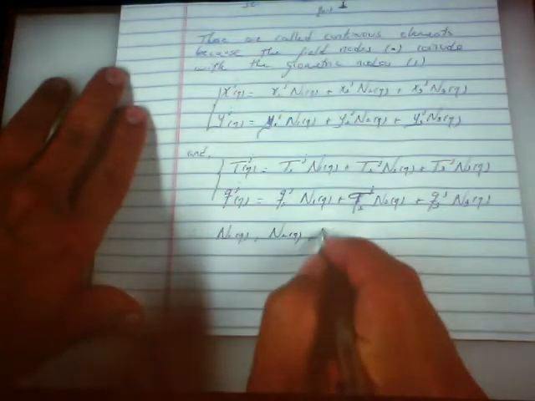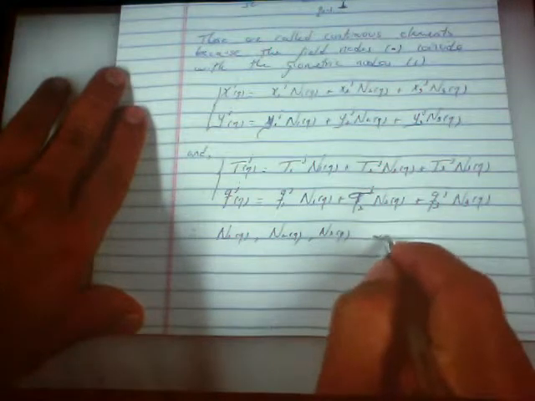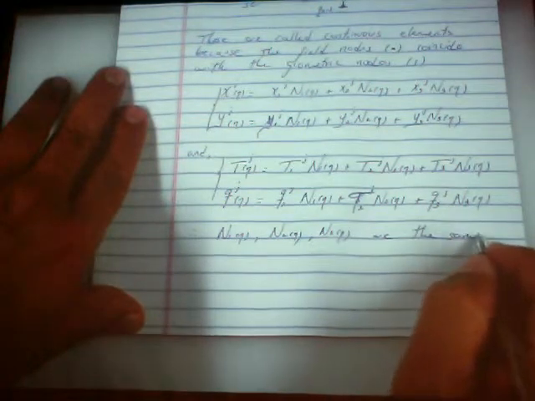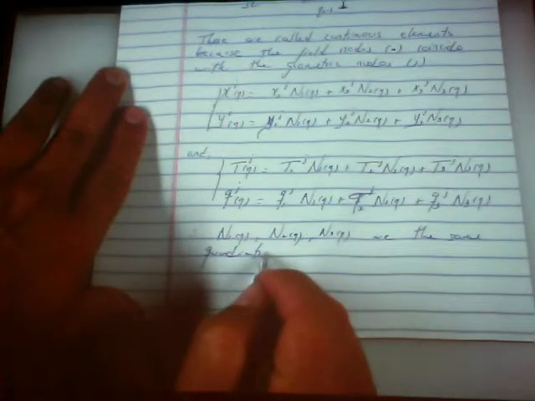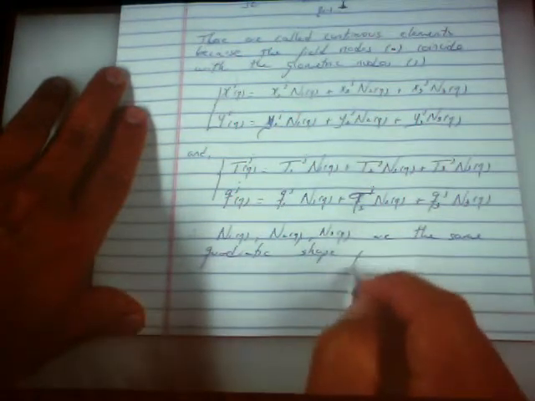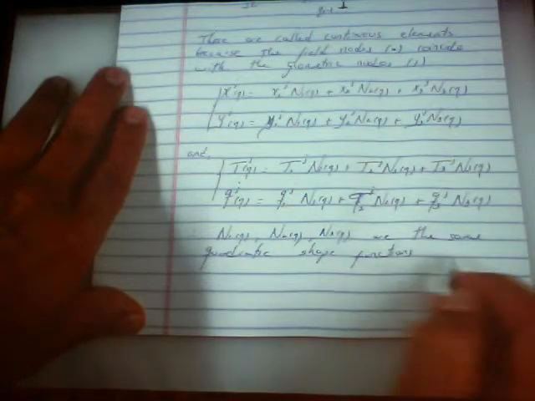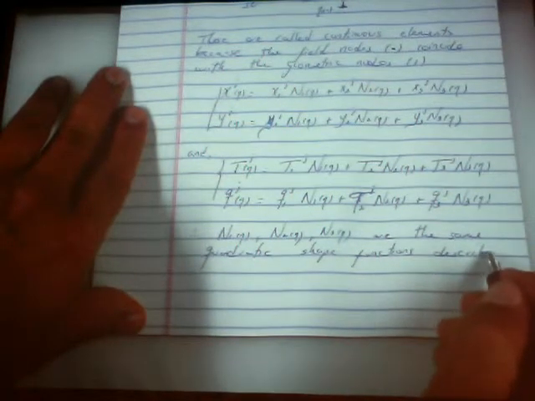Such that N1, N2, and N3 are the same quadratic shape functions described before.